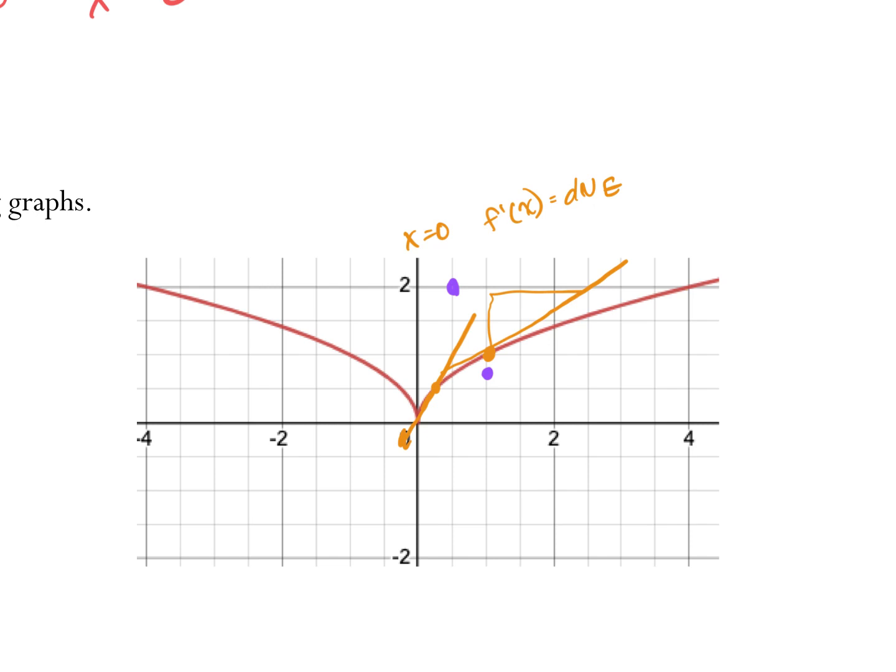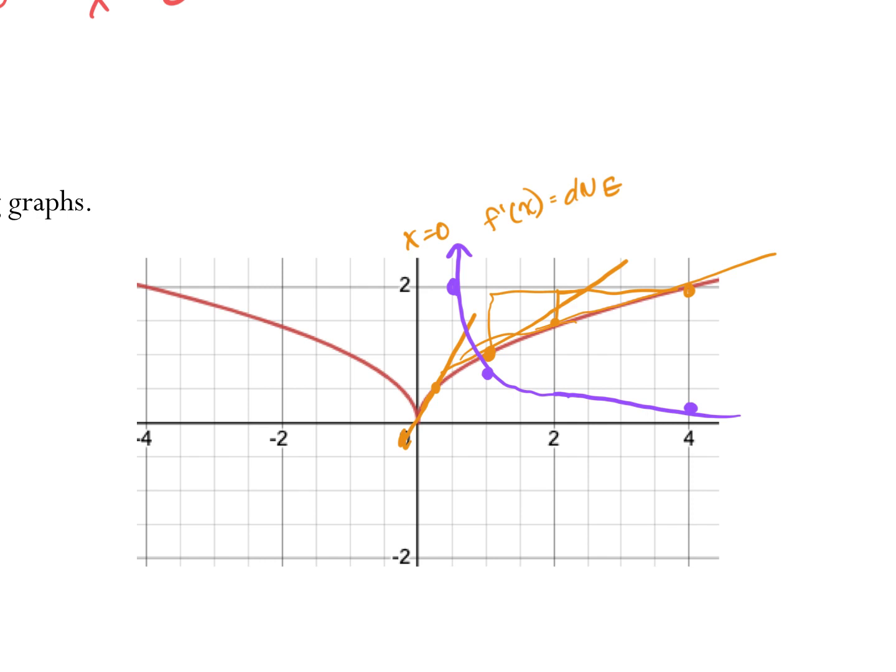Let's do this one. Maybe 1/4. Should be like here. And I'm starting to get a vibe that it's looking kind of like this.